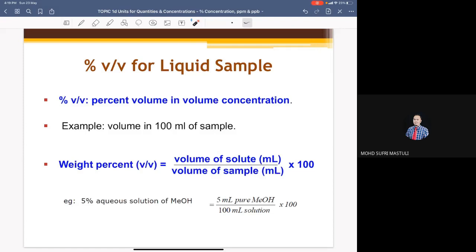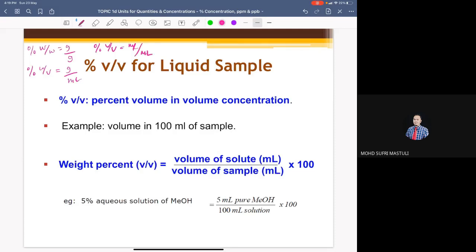So we know previously we have percentage weight per weight, which should be gram per gram. And then percentage weight per volume, which should be gram per ml. And now we have percentage volume per volume, which should be ml per ml.